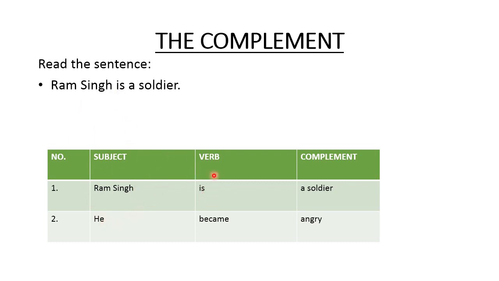Is is a verb and a soldier is a complement. Okay, moving ahead to the next example. He became angry. In that, he is the subject, became is the verb and angry is a complement. Clear? Moving ahead.